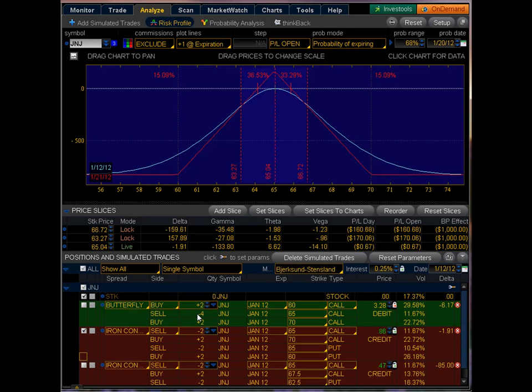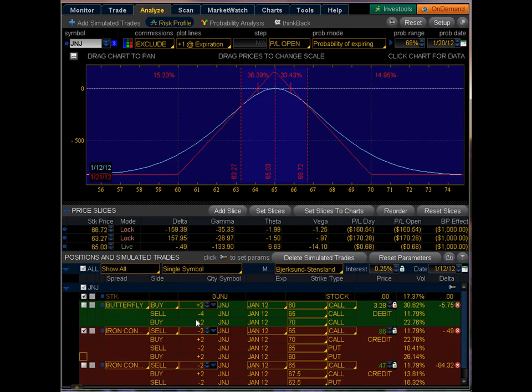So if you look at it here, you basically have the same thing that we're sitting at here. This is a 2, this is a 4, and this is a 2. So you have sold 4 65s. If you say you sold only 2 65s, you have a call spread, and then you have a lower put spread.